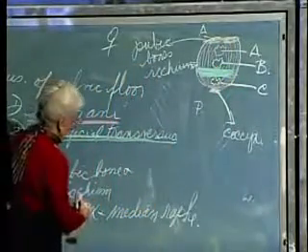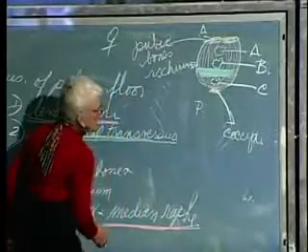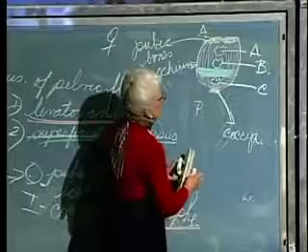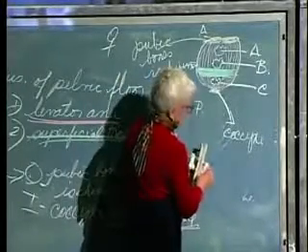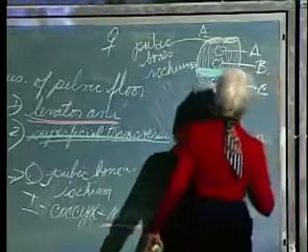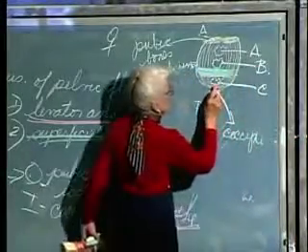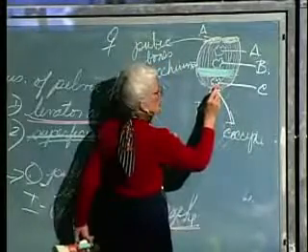Now, we might mention this median raphe. Where is it? It's found, in another color, back here between the pubic bone and the anus.